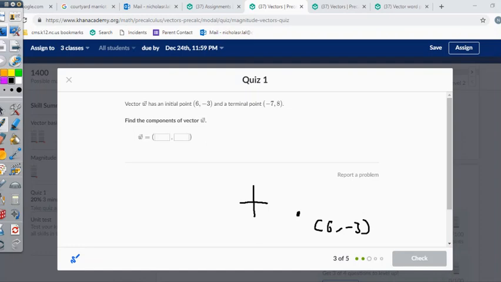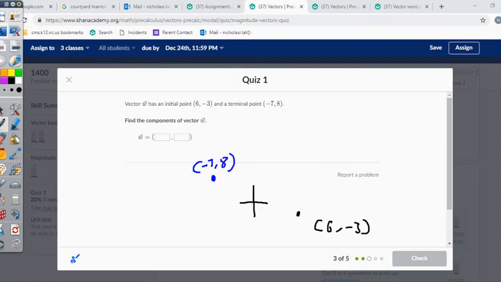That's the initial point. The terminal point is going to be at -7, 8. So I'm going to go left 7 and up 8. So this point will have coordinates at -7, 8.